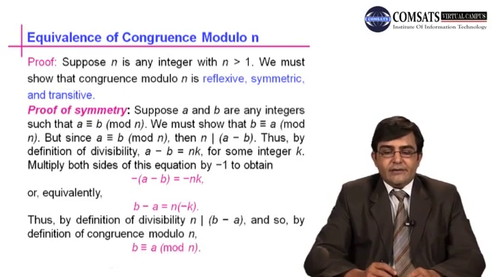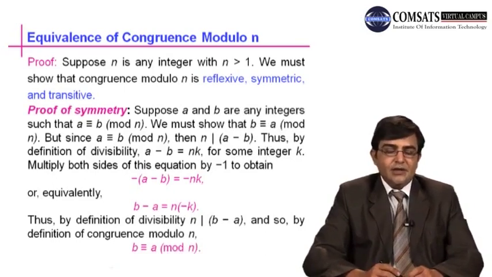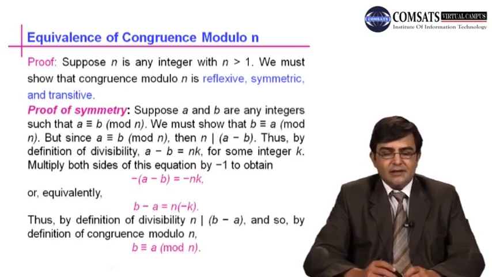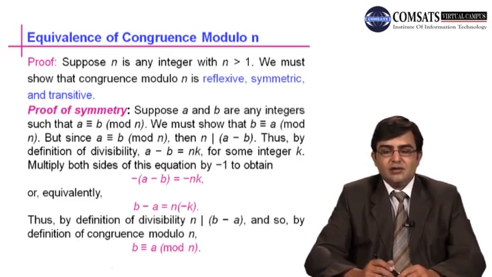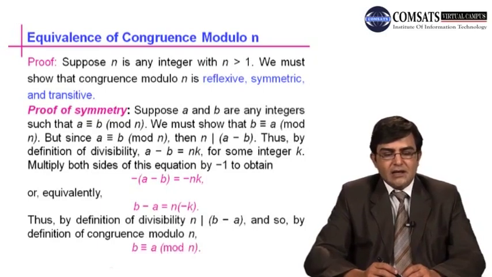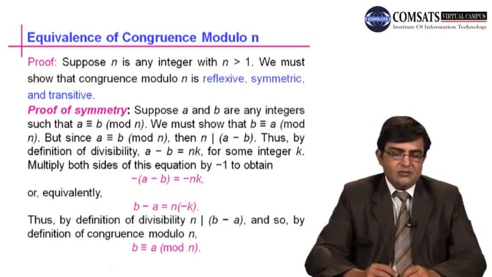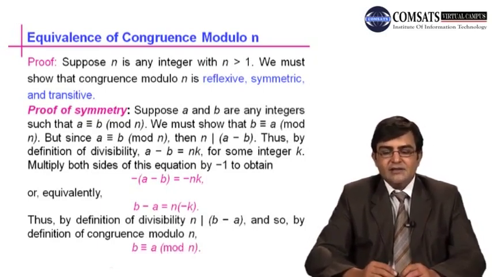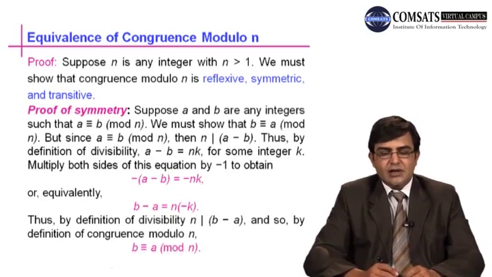Suppose a and b are any integers and a is related to b. a is related to b means a is congruent to b mod n. Then we must show that b is congruent to a mod n. But since a is congruent to b mod n, then n divides a minus b. Thus by definition of divisibility, a minus b is equal to nk.